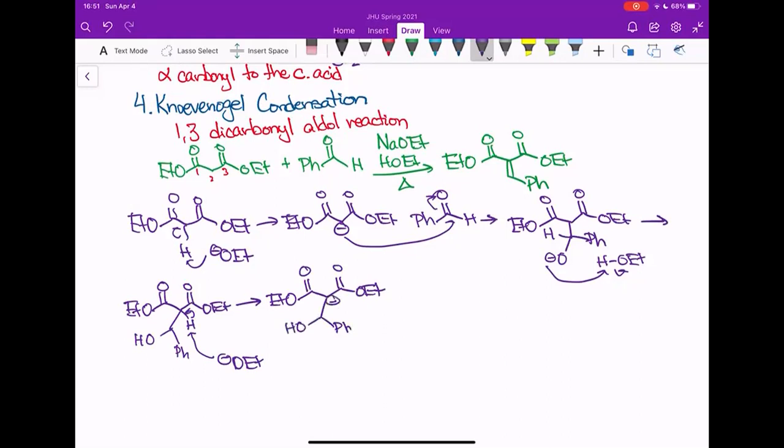And then here is where you'll have that E1cB again. So after that acidic proton is deprotonated, we'll have that negative charge, and then it'll come down to kick off your leaving group.